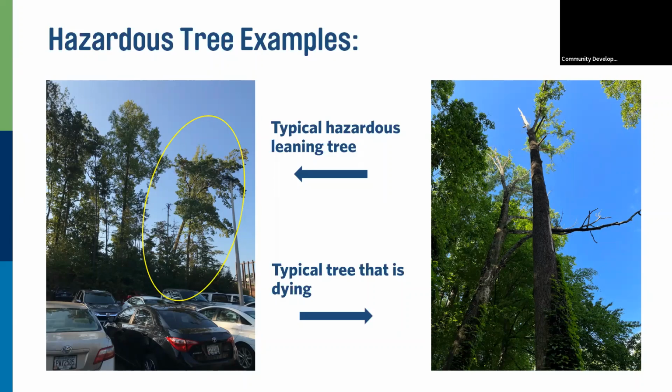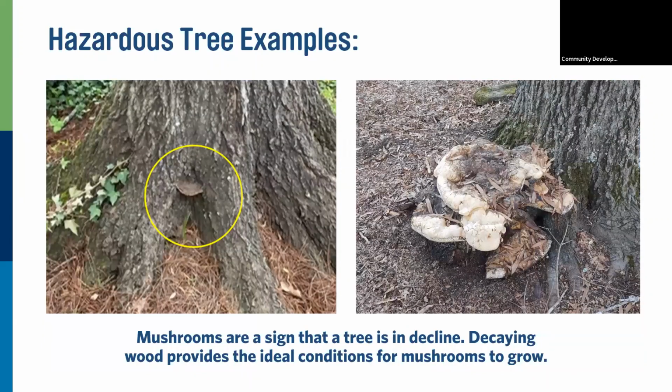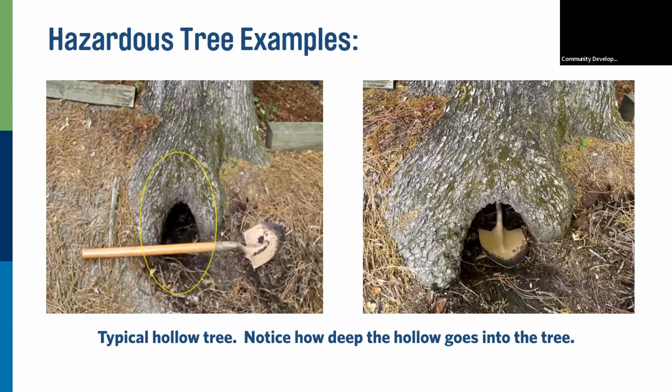It's dying back significantly. We have evidence of mushrooms and conks here, which is an indicator that the tree is in decline. And hollows and cankers. This one was actually sent in just a few weeks ago. You can see how large that hollow is in the tree. So that's dangerous.